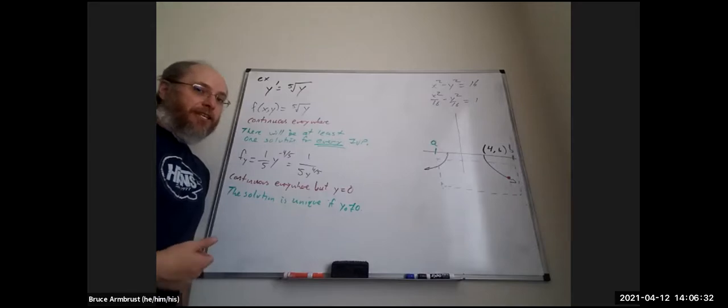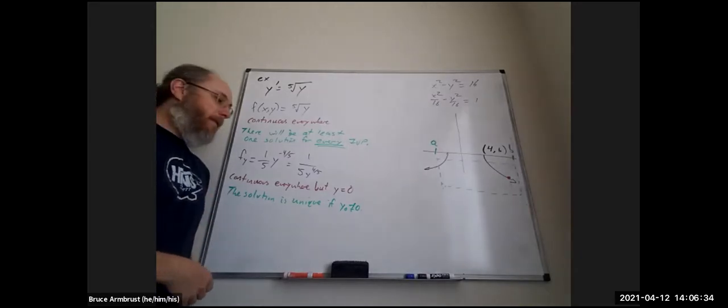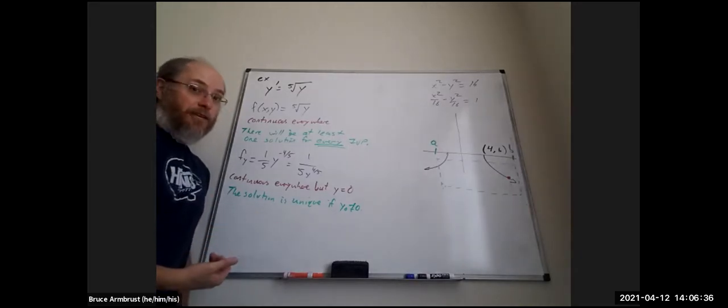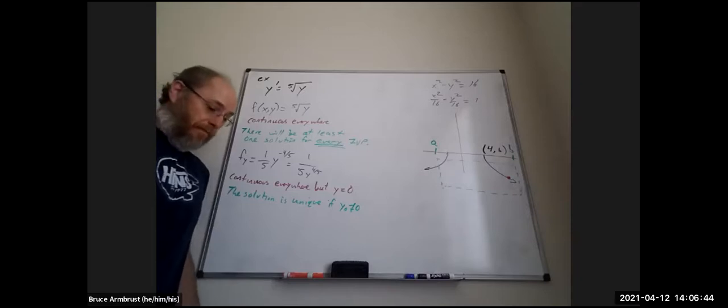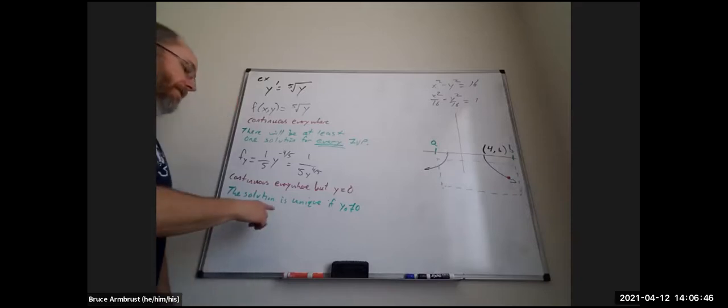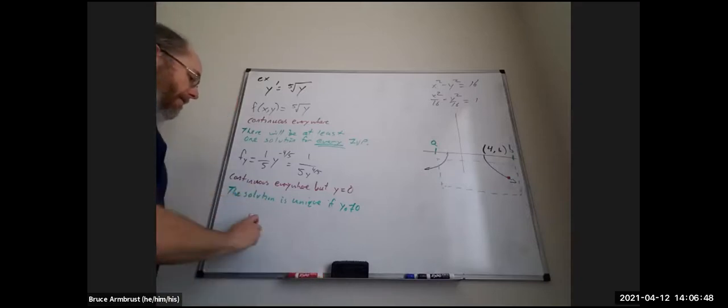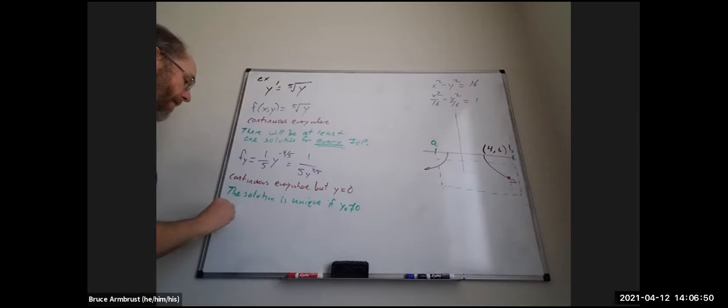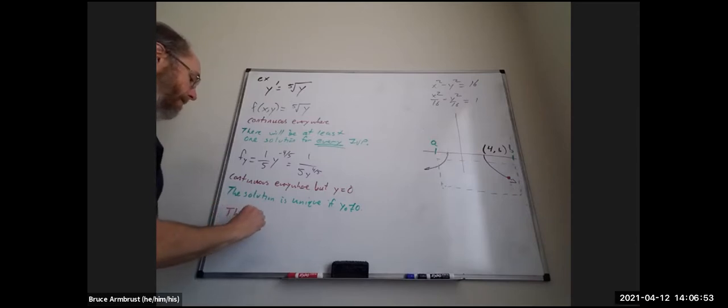If that initial condition is y equals 0, well, I know there's a solution. I just don't know if it's unique. There might be more than one. So that's really the consequence of what this is right here, right? There may be more than one.